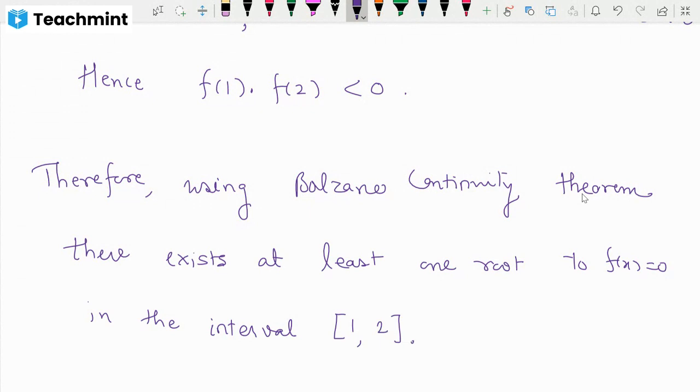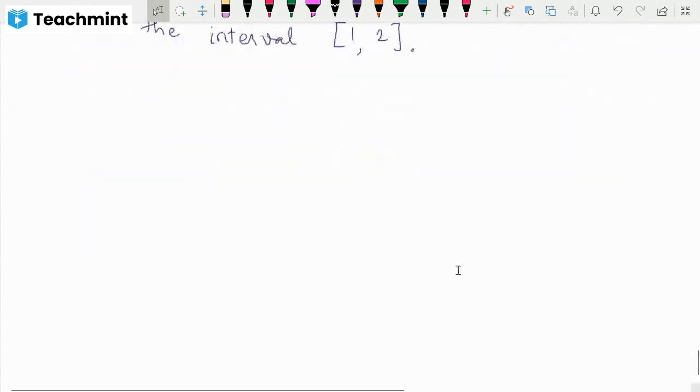Surely there exists at least one real root for this function f(x) equal to 0 in the interval 1, 2. So what is our next step?